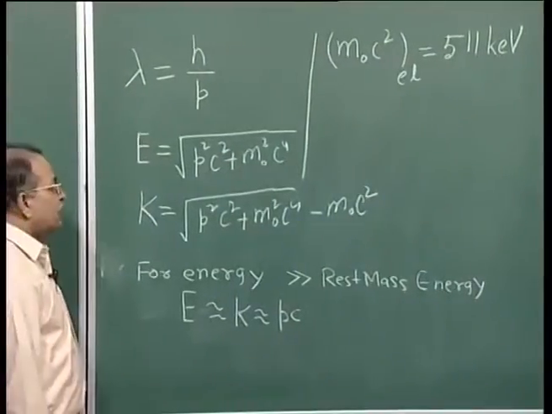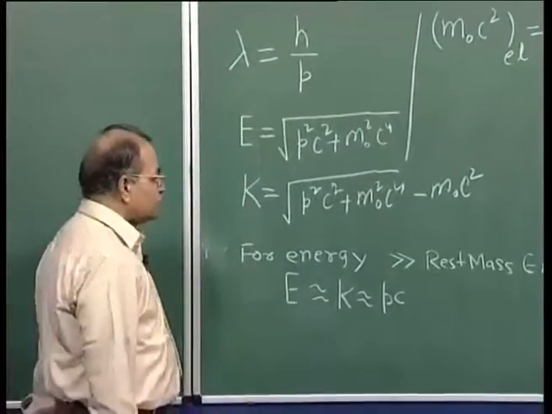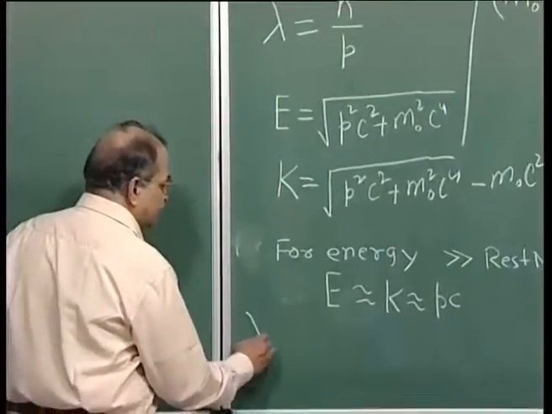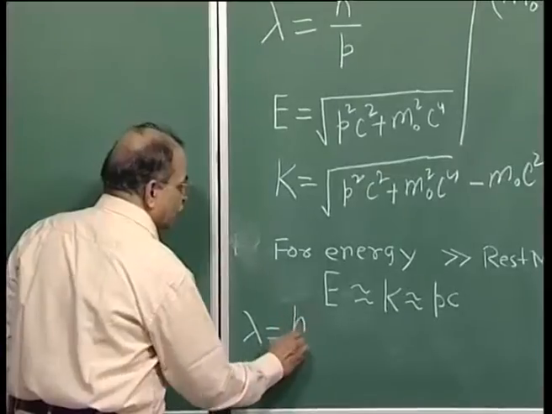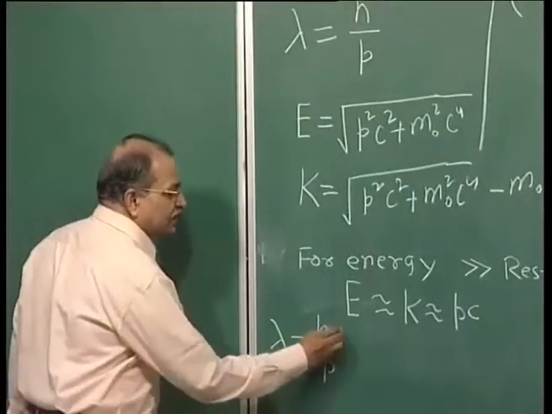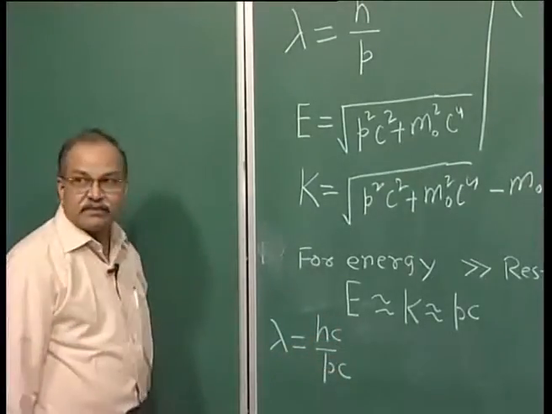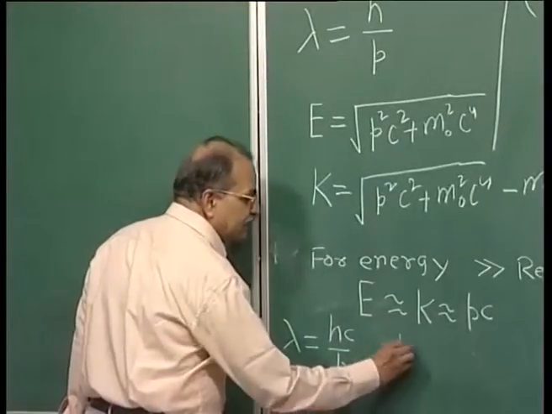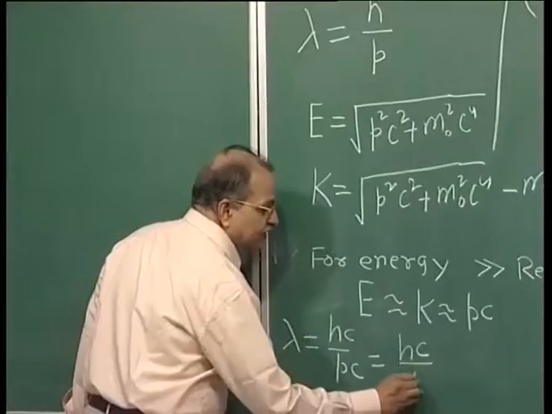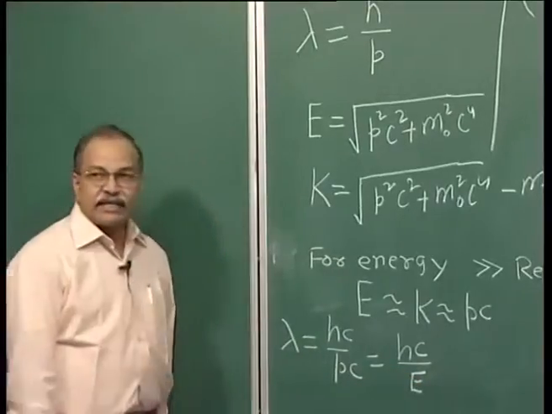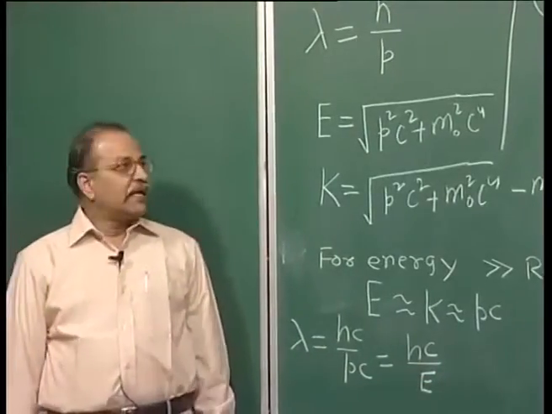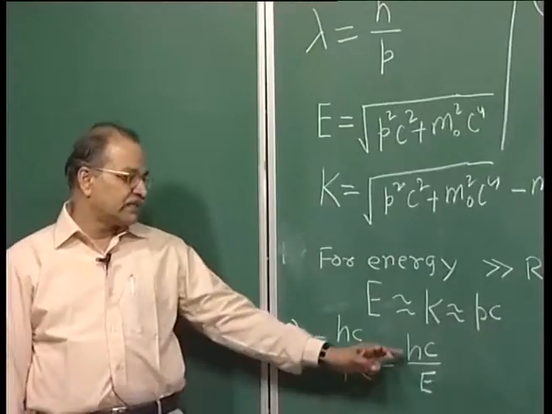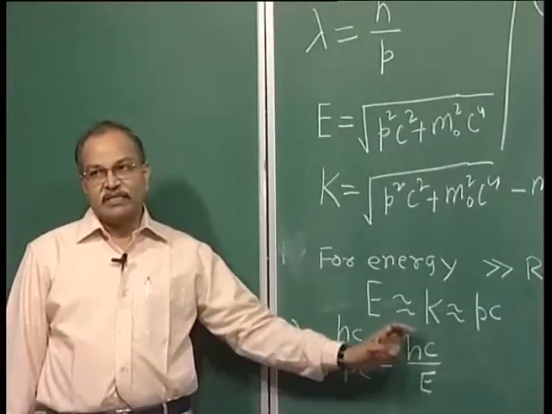So, come back to this wavelength calculation. The wavelength lambda is h over p, multiply c here and c here. So, it is hc by pc, and pc is almost same as the energy or kinetic energy. Now, another useful number is h into c. You can remember this.